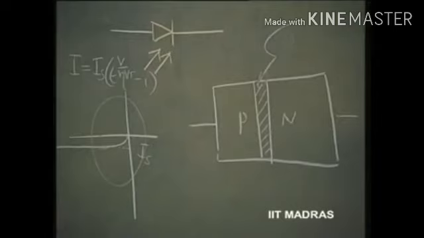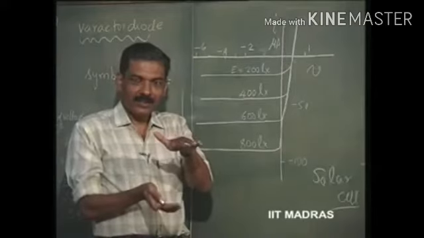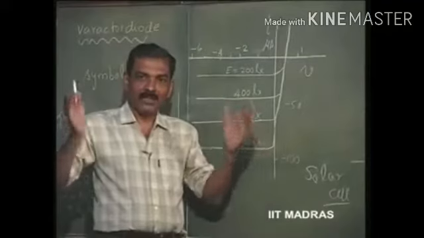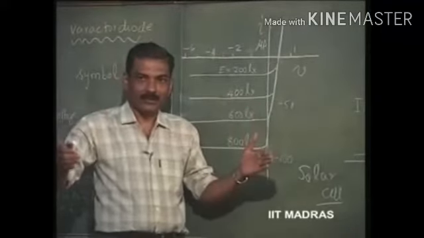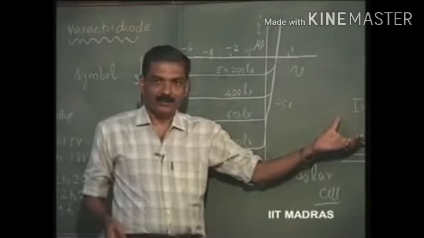So, these solar cells can be stacked in series as well as in parallel to constitute a power pack which can deliver power to your satellite or anything you want, whenever there is light energy falling on it.